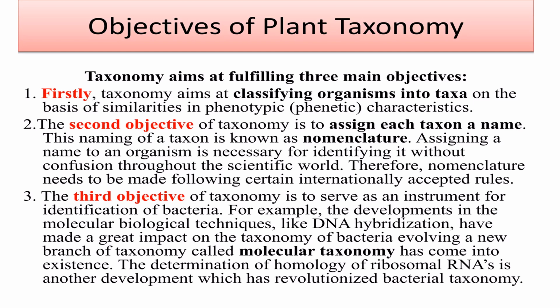Therefore, nomenclature needs to be made following certain internationally accepted rules. So, to explain this second objective, nomenclature, that is naming of a taxon, is very important to avoid confusion. It is because each and every zone or region is having its own local name for each plant.